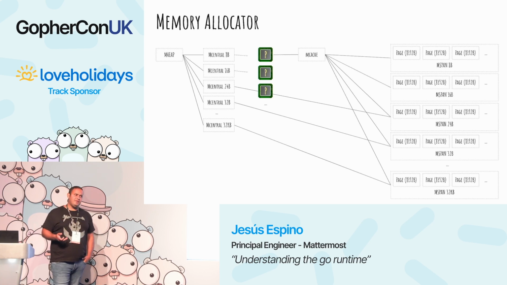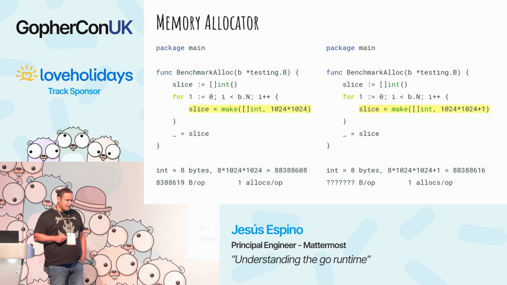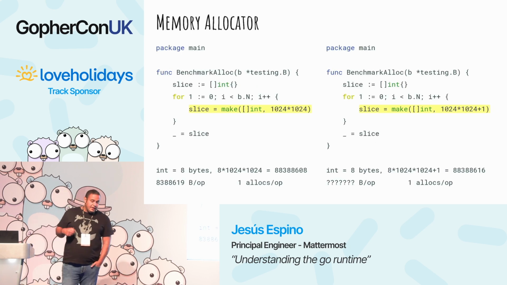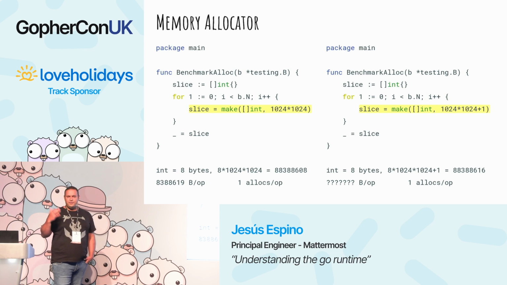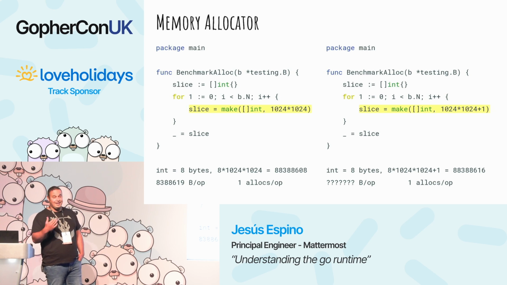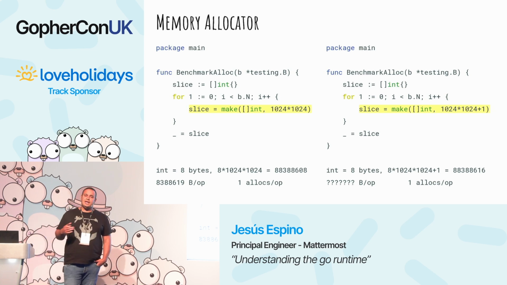And if you have something bigger than 32 kilobytes, it's the MHeap that is going to take care of that and reserve memory for it. It's going to take the pages that are needed and create that. So let's see an example. Now we are creating 1024 multiplied by 1024 integers, that means 8 megabytes.